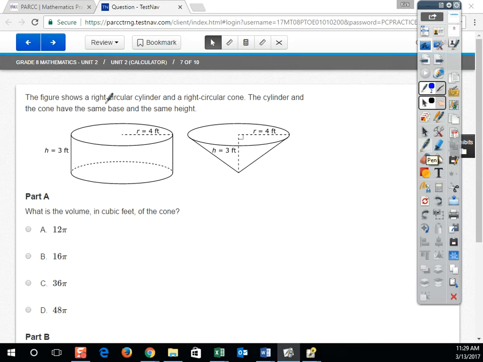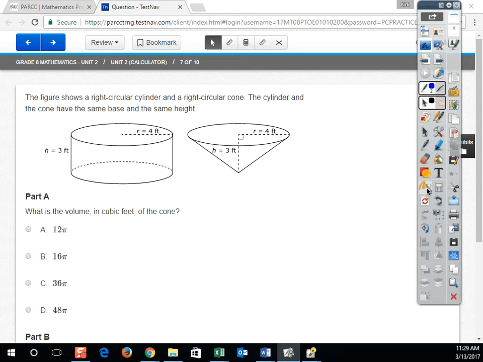This right is saying that there is a right angle between the base and the height, just like here, as opposed to, say, a non-right cylinder. All right. The cylinder and the cone have the same base and the same height. What is the volume in cubic feet of the cone?